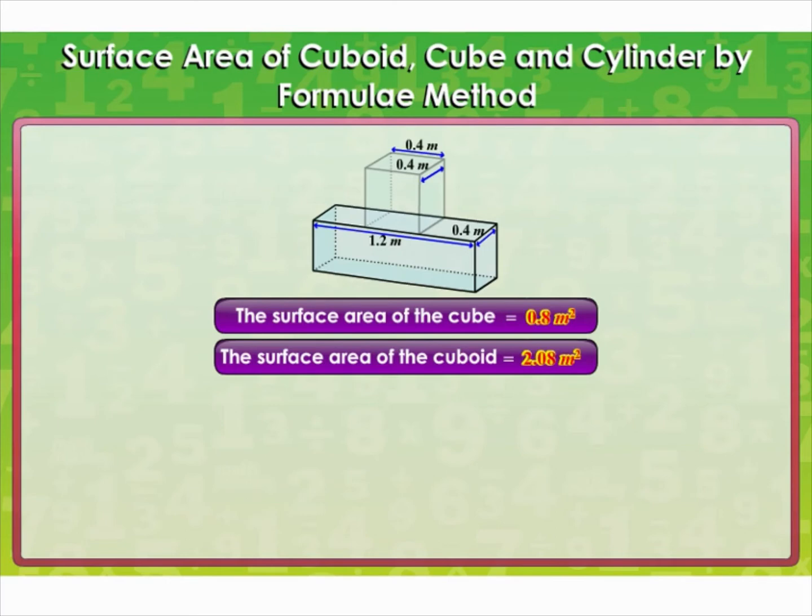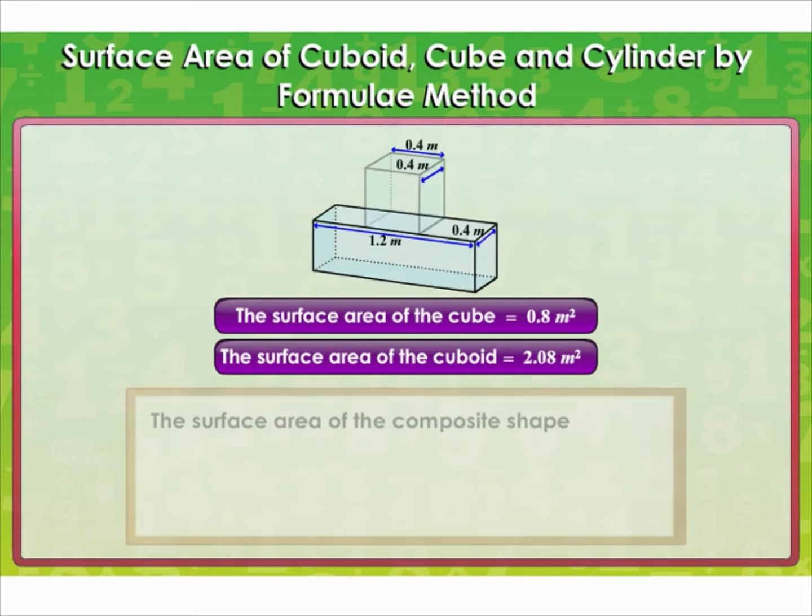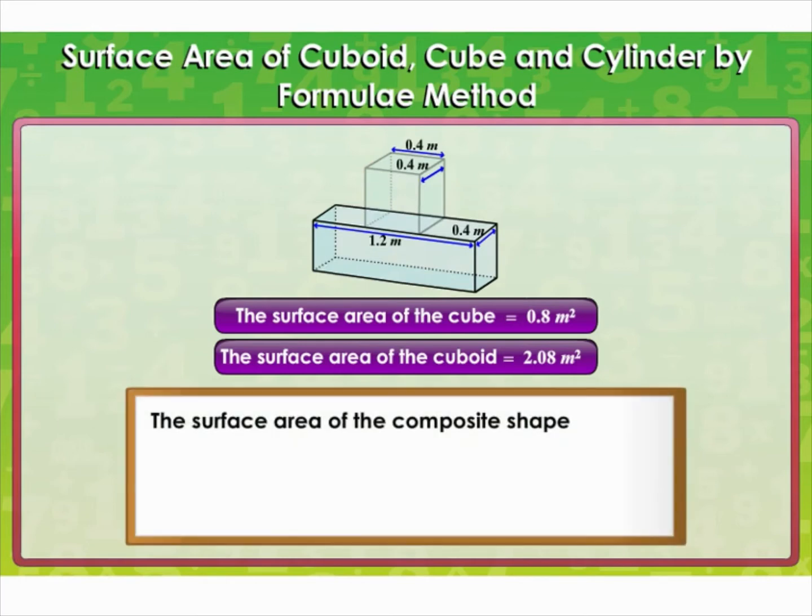Now we have the surface area of the cube and the cuboid of this composite shape. How can we find the total surface area? Good. We add both the surface areas: the surface area of the cube plus the surface area of the cuboid.